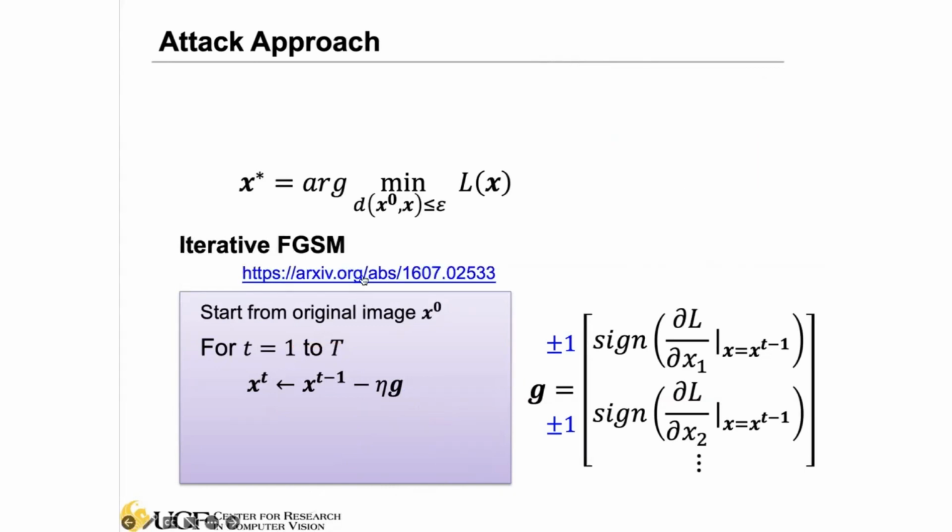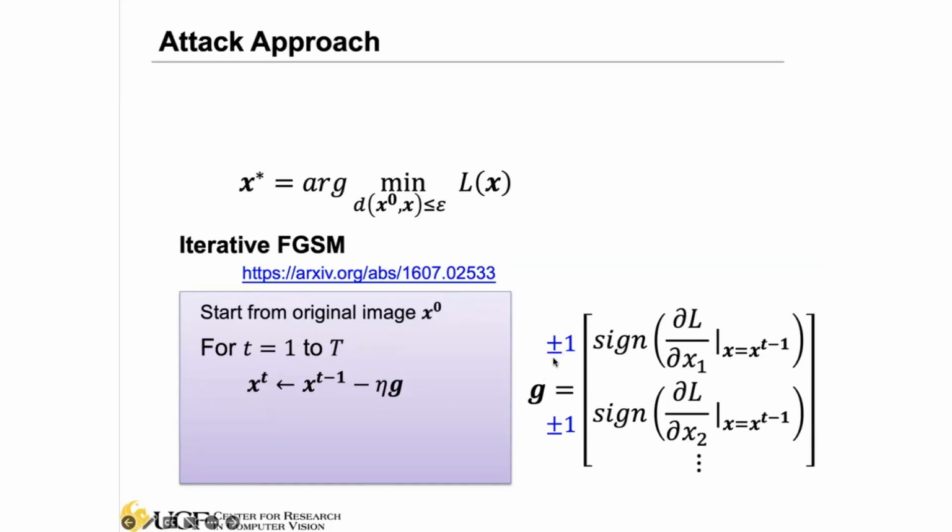And we can also do this iterative FGSM. This is a later work based on FGSM. Here, basically, we're not limited to just one single step. We can consider multiple steps so that we are able to maybe generate better adversarial noise. Again, the main component will be the same.